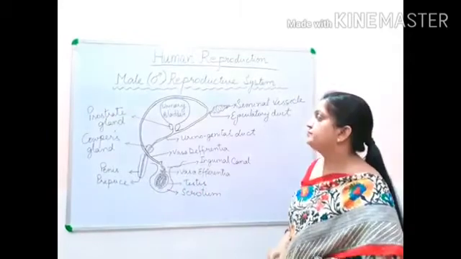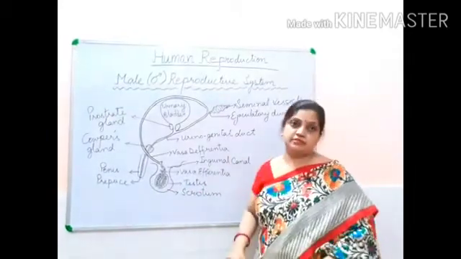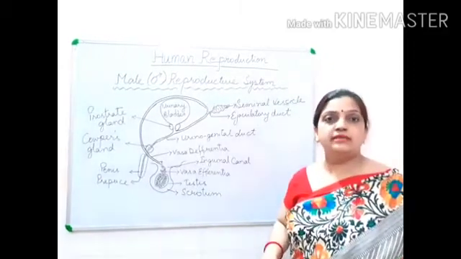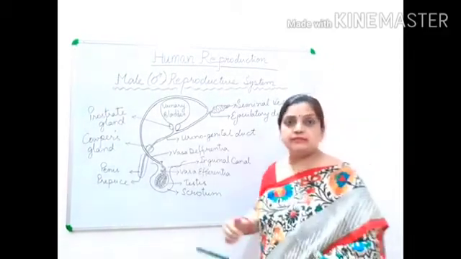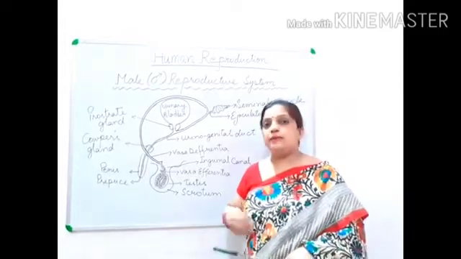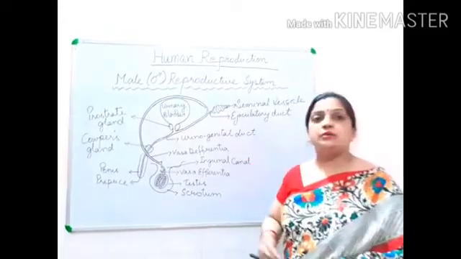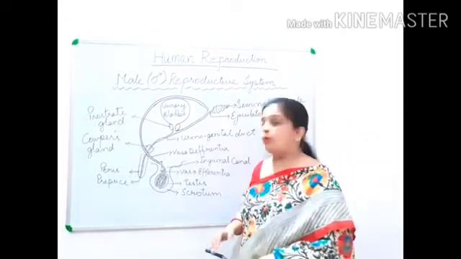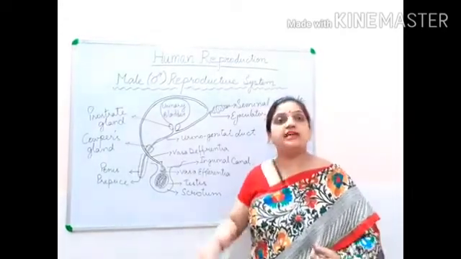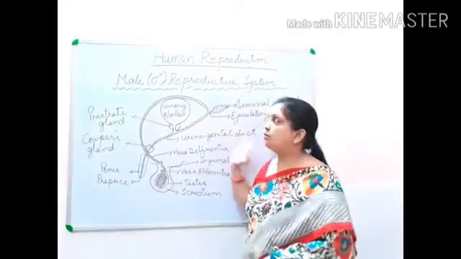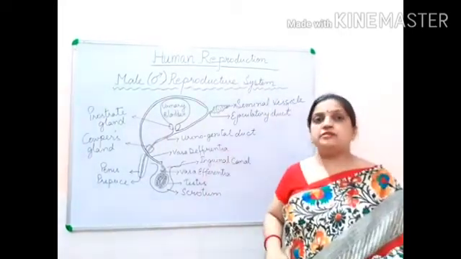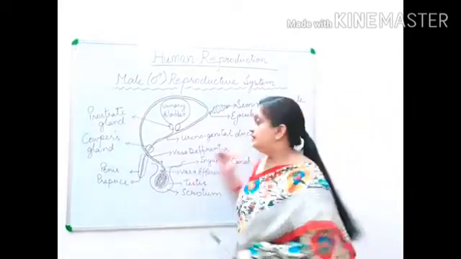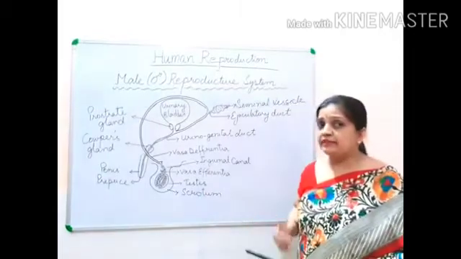Now children, in this whole male reproductive system, half of the system is located inside the abdominal cavity and part of the structures are located in the extra abdominal cavity. Now, what is inside and what is extra abdominal? This whole male reproductive system is located in the pelvis region.